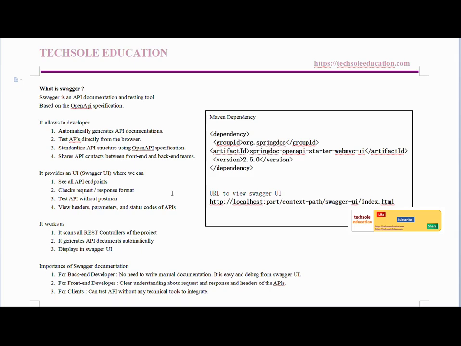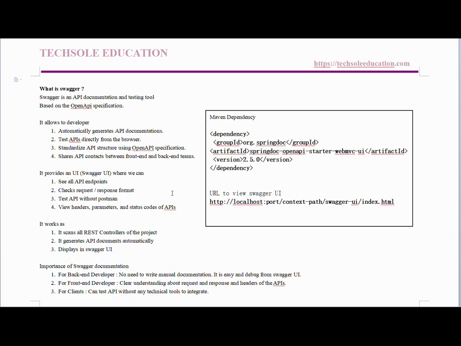Okay, it will provide a UI, Swagger UI, where we can see all the API endpoints, check request and response formats, test APIs without Postman, and view headers, parameters, and status codes of APIs.